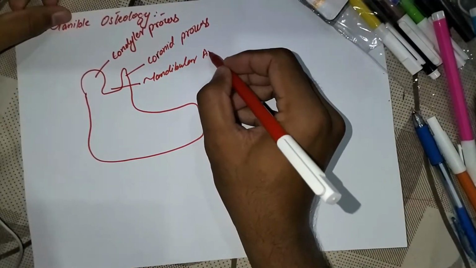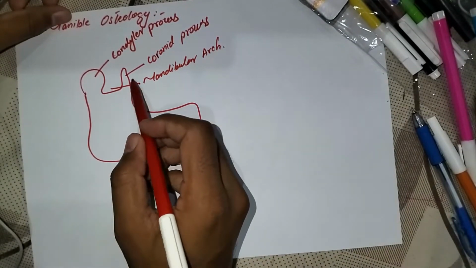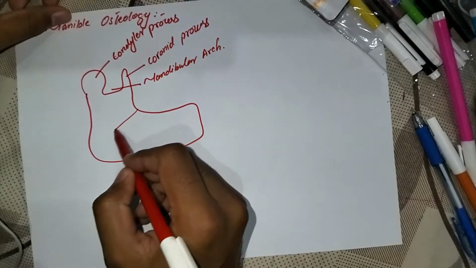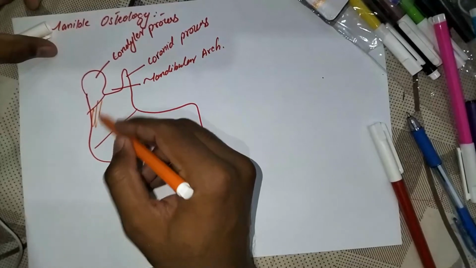And next to the condylar process and the coronoid process is the ramus, this orange structure.